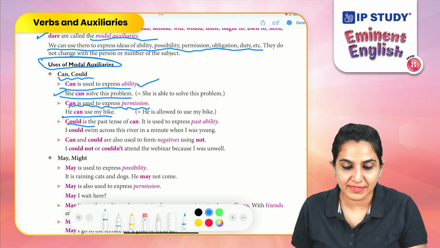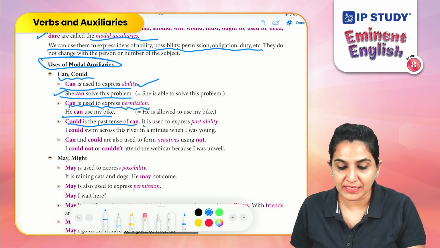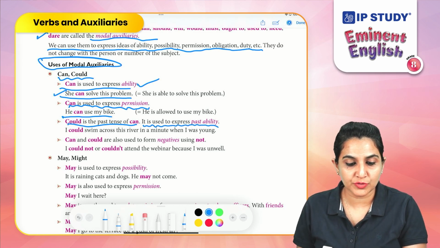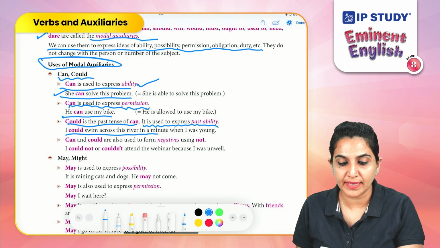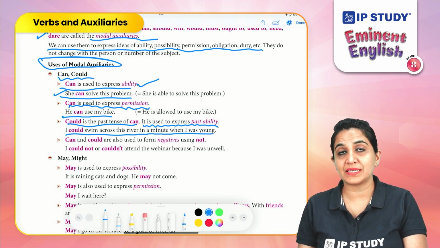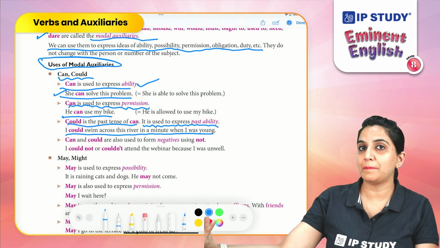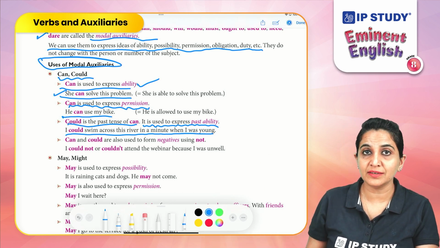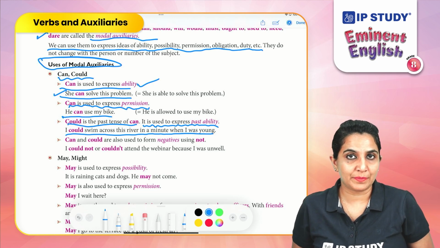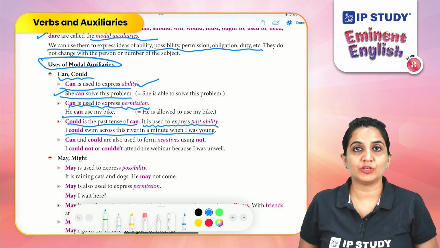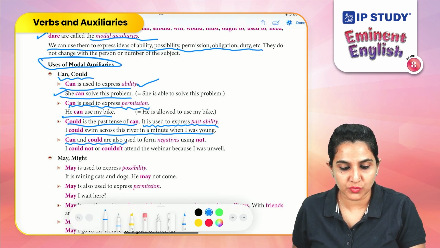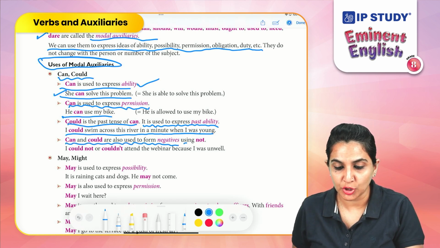Could is the past tense of can, and it is used to express past ability. I could swim across this river in a minute when I was young. That means it is expressing the ability but in the past, and it is not related to the present time. So for these kinds of past abilities, we use can and could. Can and could are also used to form negatives using not.